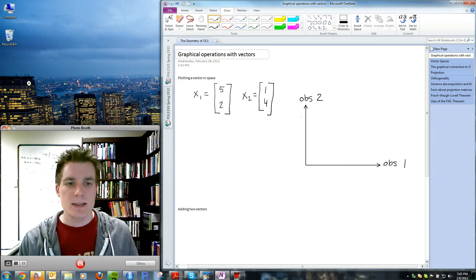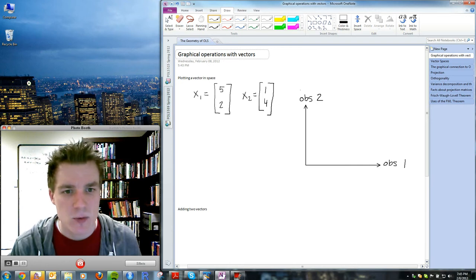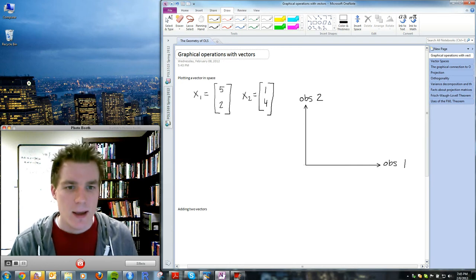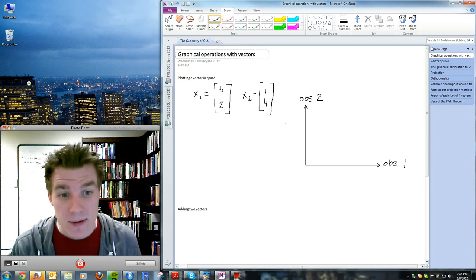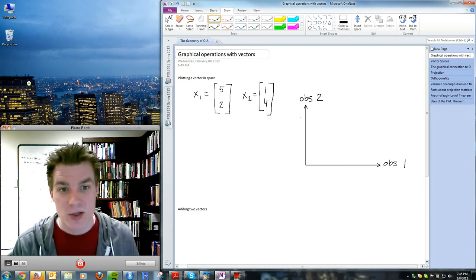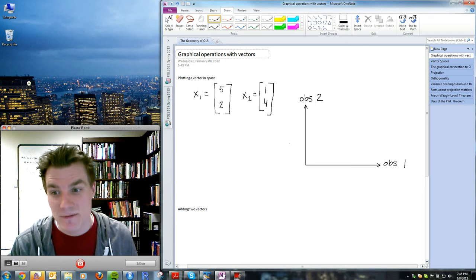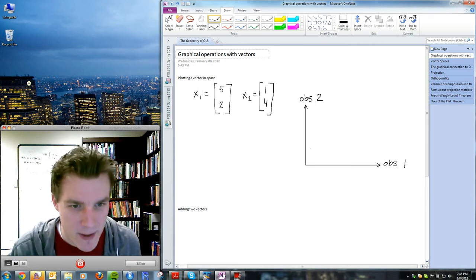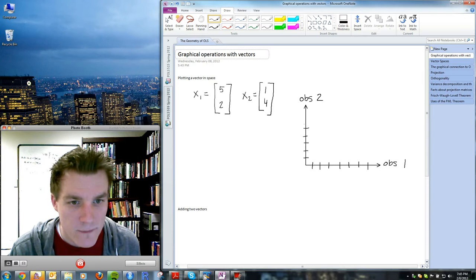What that means is you're used to seeing graphs where, say, y is on the y-axis and x is on the x-axis, and those correspond to variables. In this case, the variables are actually going to be vectors in this space defined by observations. What do I mean by that? Let me show you by drawing some hash marks on here. 1, 2, 3, 4, 5, 6, 7. 1, 2, 3, 4, 5, 6, 7.